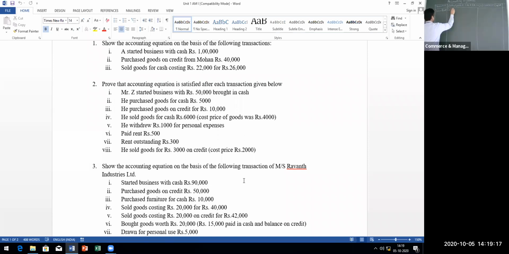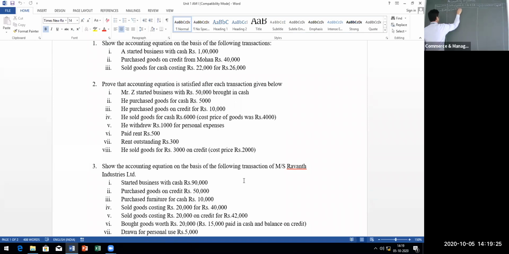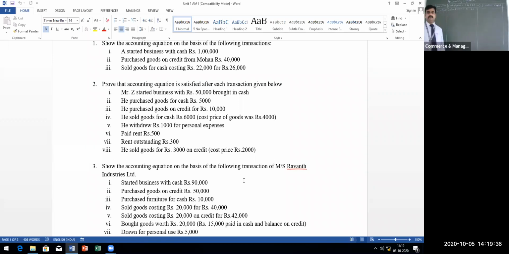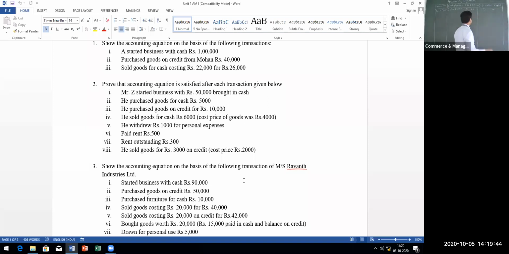Goods? 5,000. Current assets? 0. Fixed assets? 0. And current liability? 0. Then capital? 50,000.